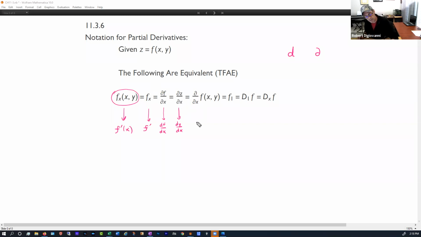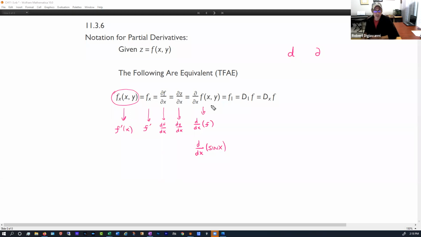Now this notation in Cal 1 was d dx of the function. That's notation you learned in Cal 1. So you saw this in Cal 1, like take the derivative of sine of x. So this means take the derivative with respect to x of sine of x. That's what it was in Cal 1. Now we put a little partial over partial x, and then we put the function here.